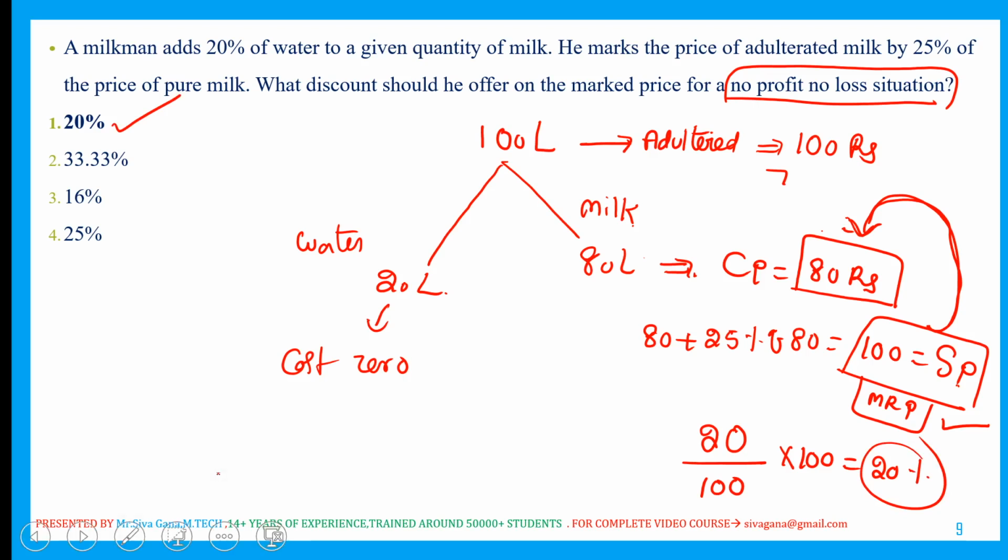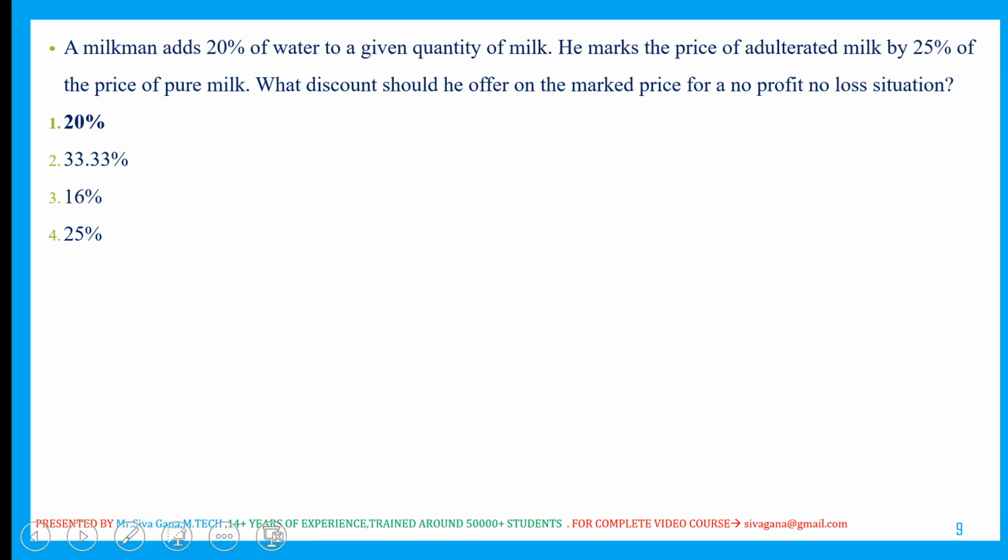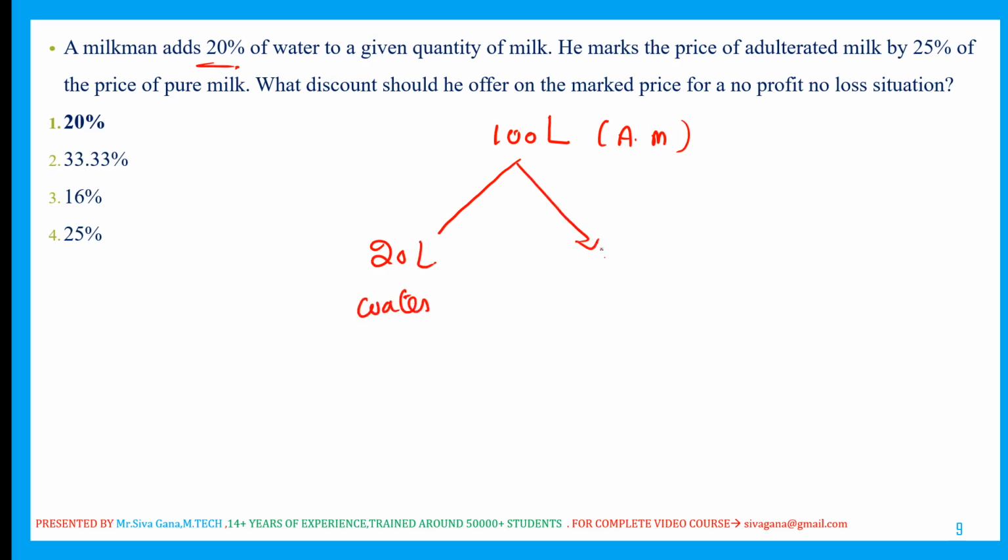For better understanding, I am explaining this question one more time. Let us say 100 liters of adulterated milk is there, which means the composition of water and milk. 20% is water, which means 20 liters is water. It means 80 liters is what? Pure milk. Let us say cost of this 80 liters is 80 rupees.